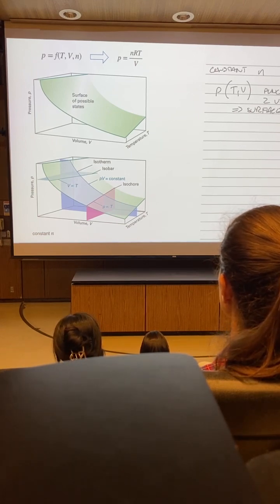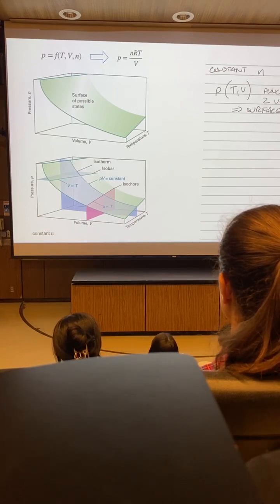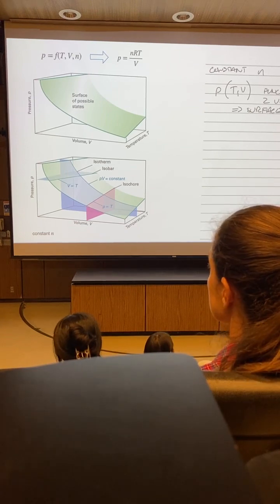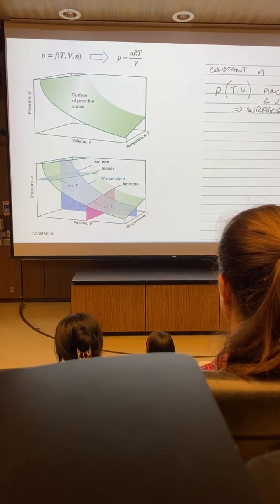So we've got this two-dimensional surface that maps out what the pressure is as a function of these other two thermodynamic variables. And you can see, if we start taking slices through this surface, you can recover all of the fundamental or basic empirical gas laws that led to its formation. If I hold the temperature fixed, I have an isotherm. You can see the blue part of the graph here.